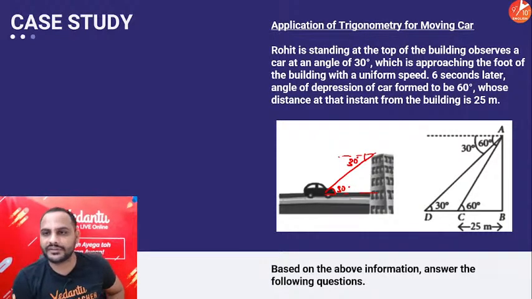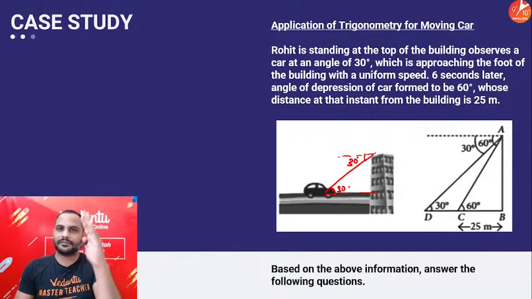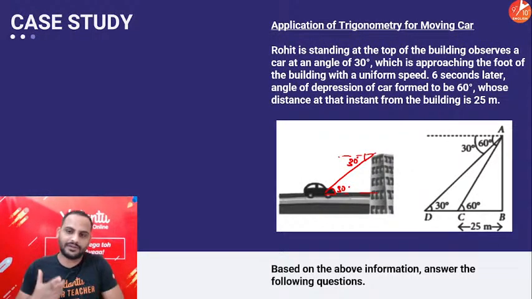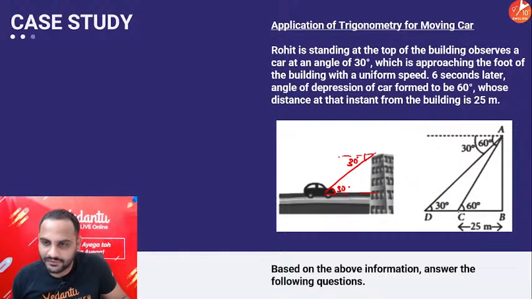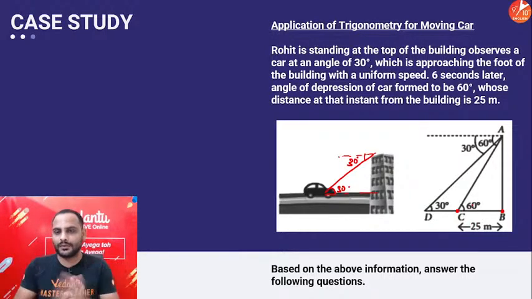The car is approaching the foot of the building with uniform speed. 6 seconds later, the angle of depression of the car is found to be 60 degrees. Obviously, as the car comes closer, the angle of depression increases. At that moment, the distance between the building and the car is 25 meters. This is the information given to us.